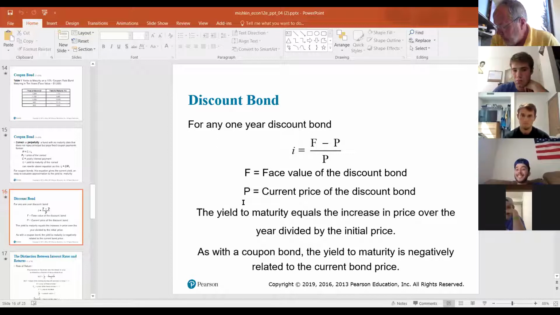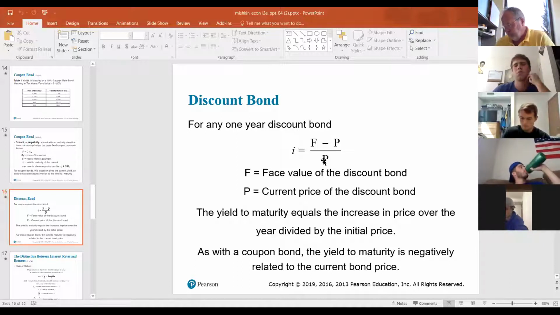So you could put 12.25 in here and solve for P. I'm going to scan this with my phone and email it to me. Hang on.